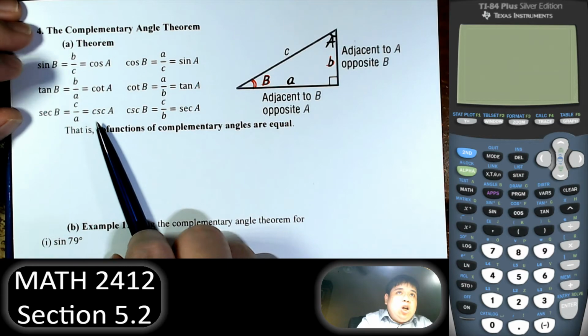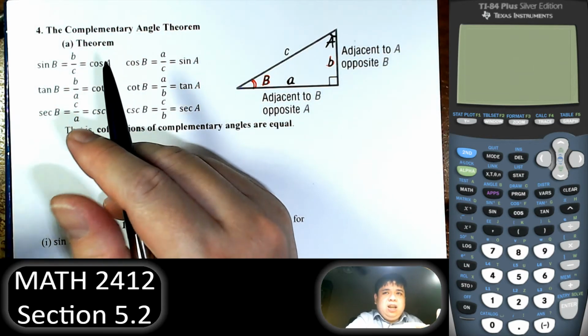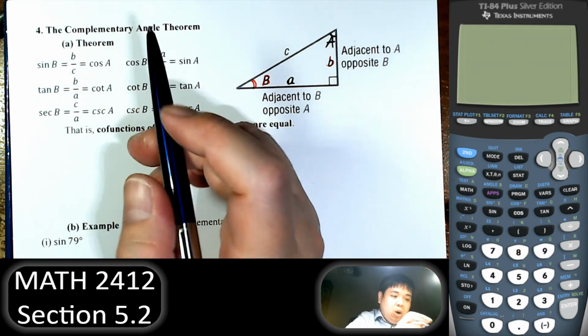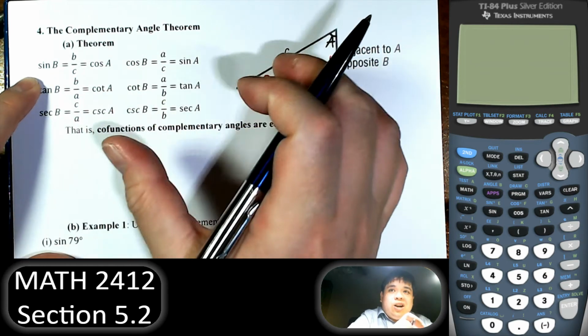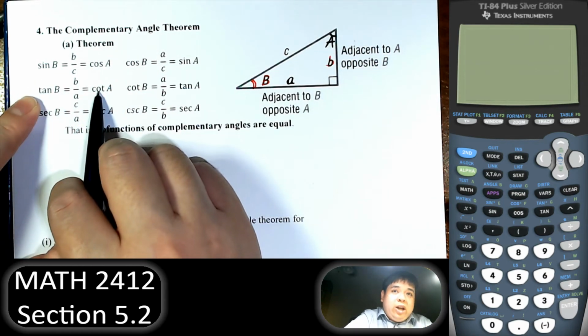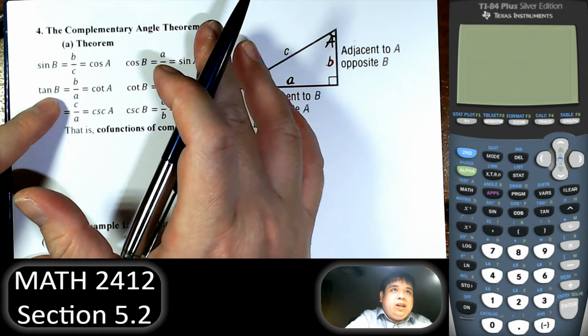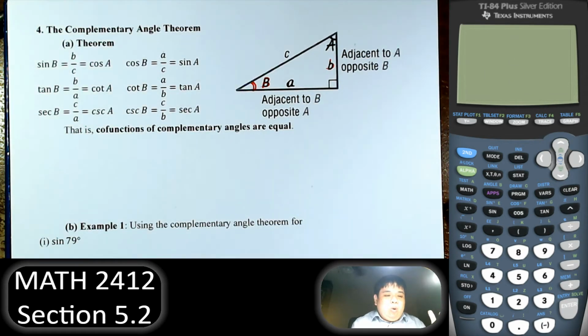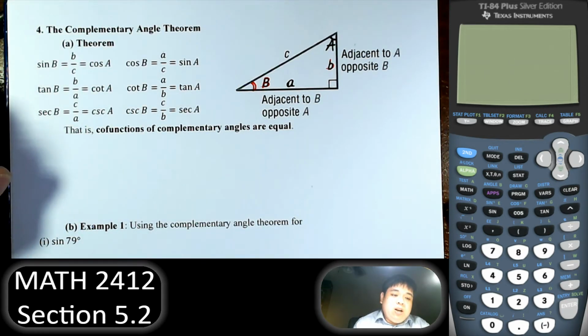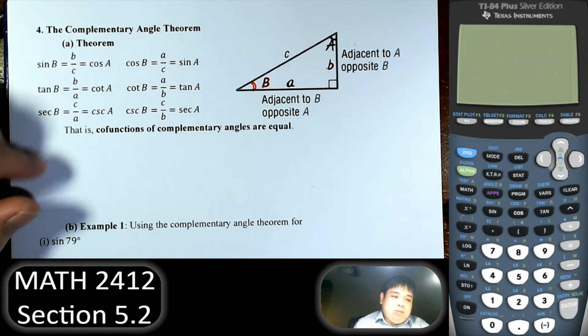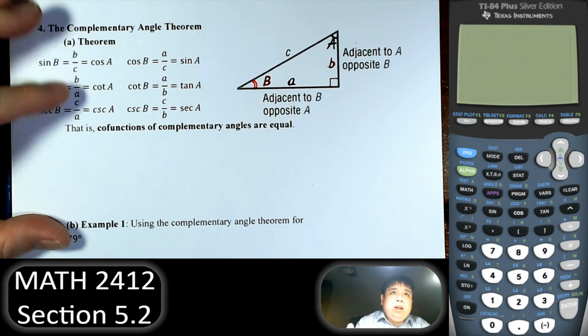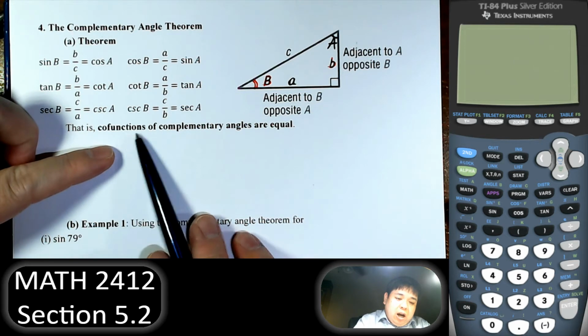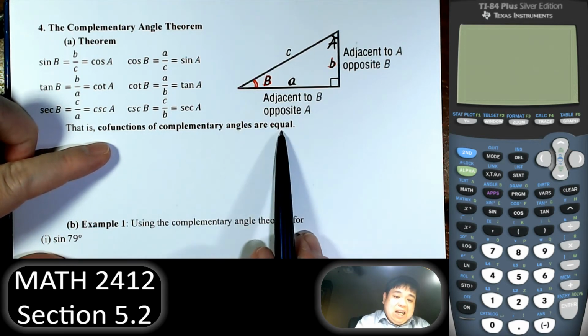Right. So what we see here is, let's say this slowly: sine, cosine, tangent, cotangent, secant, cosecant. Right. So that's what we call the Cofunction Theorem, and we say cofunctions of complementary angles are equal.